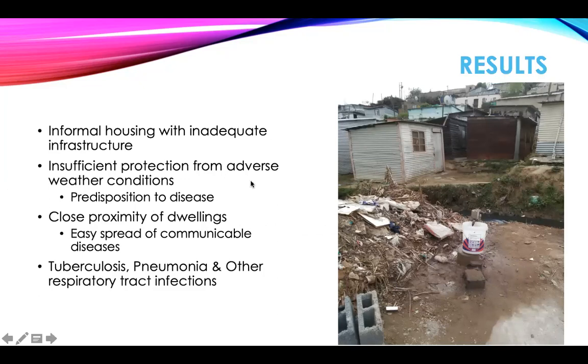This insufficient protection from adverse weather conditions could lead to a predisposition to disease. There is also a very close proximity of the different dwellings to each other, which could result in an easy spread of communicable diseases. Some of these are tuberculosis, pneumonia, and other respiratory tract infections, amongst others.